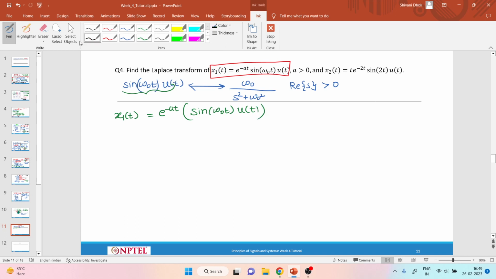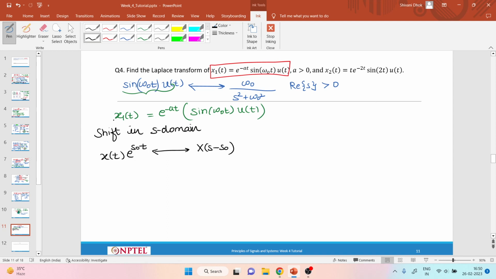Now there is a property, that is shift in Laplace domain or in S domain, and it says that if I have something like this, it is the Laplace transform of x of t into e power s naught t. Now this is the property which we are having here.